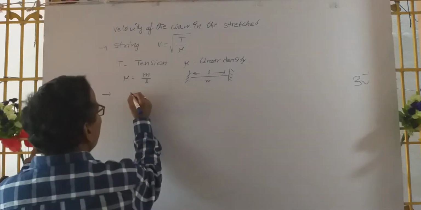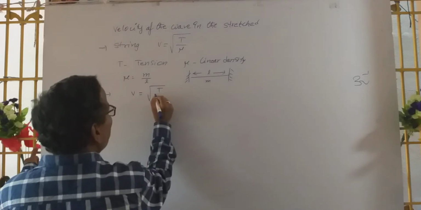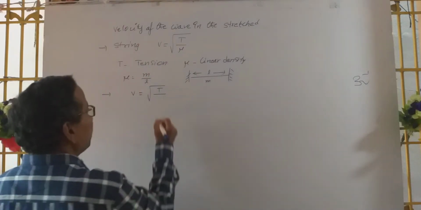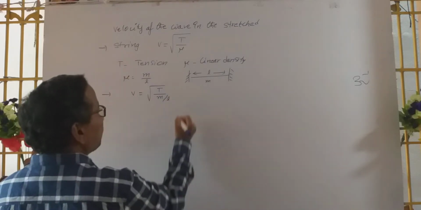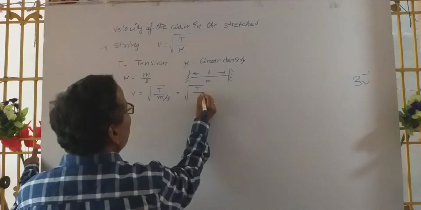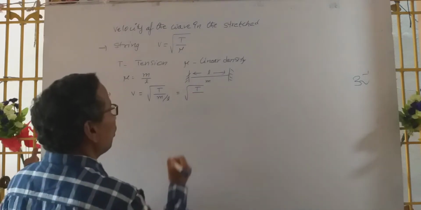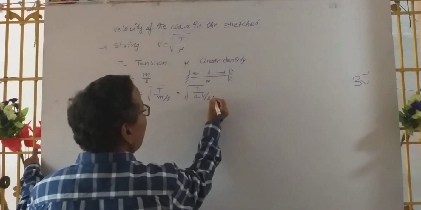This is a formula. After that, we come to discuss the next one, that is the modification of the equation. v is equal to root of tension T by mu. Mu is linear density, which can be written as mass by length. That is equal to root of tension T by mass by length. Mass can be written as density into volume, so density into volume by length.